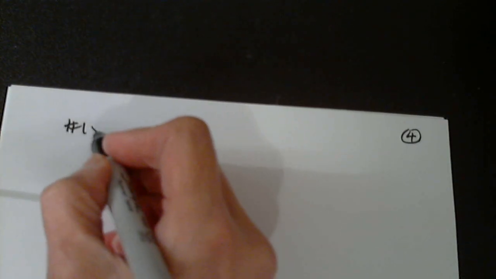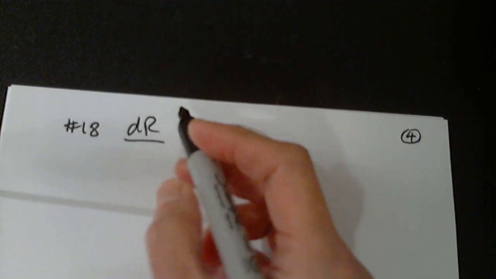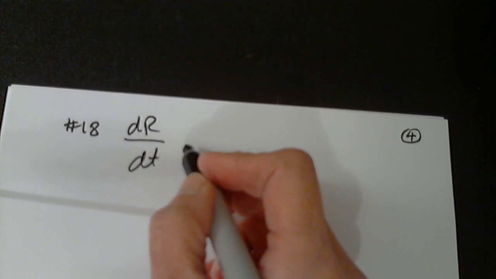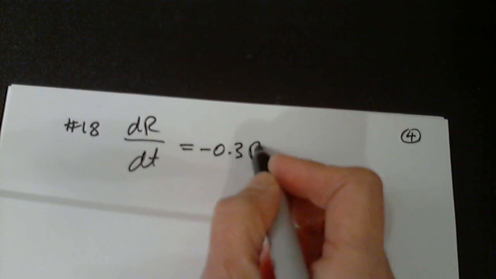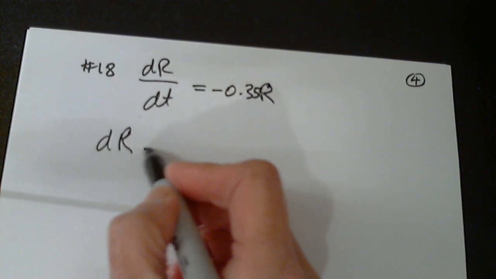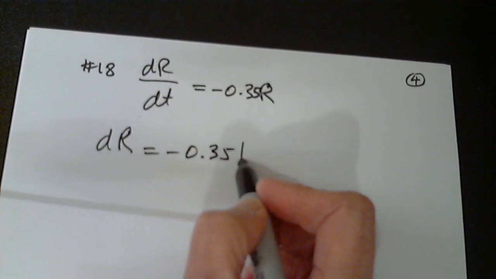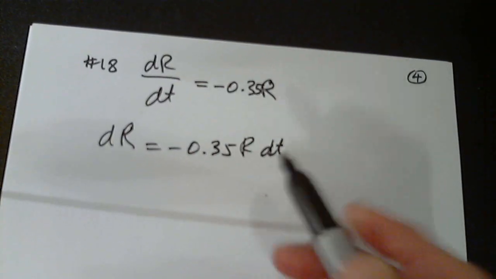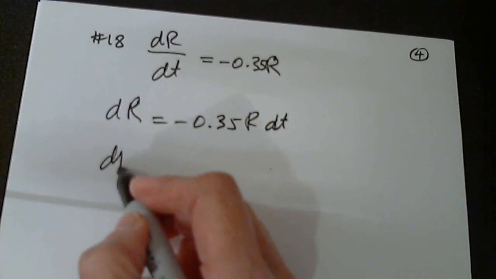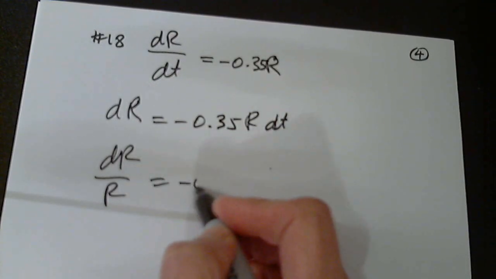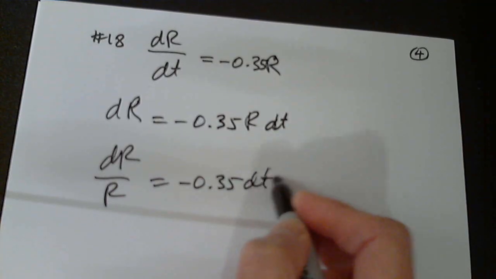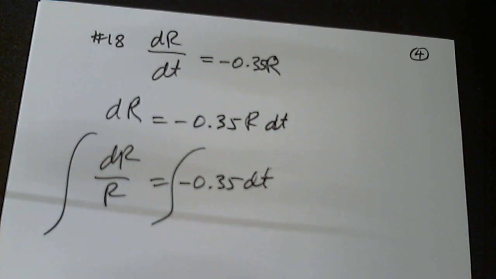Okay. They're just throwing notations at us. All the steps are identical. I have to multiply both sides by dt. I have to divide both sides by r. I have to integrate both sides.